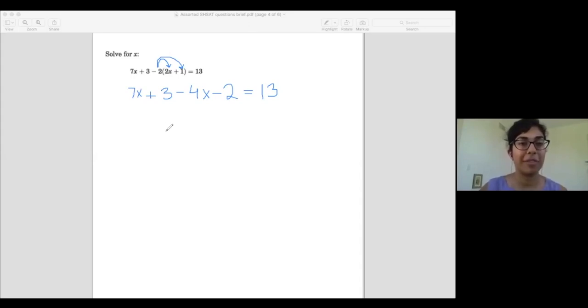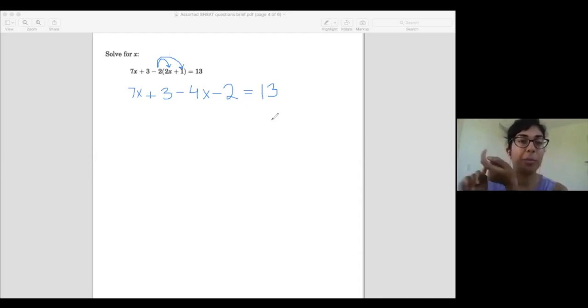So terms with the same variable are 7x and 4x, right? These are like terms. And it's actually a -4x, my bad. So we want to combine those. You can always rewrite the same expression underneath so that the like terms are next to each other. So those two terms are like.